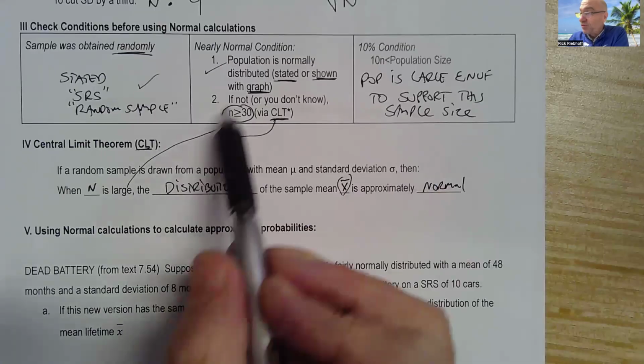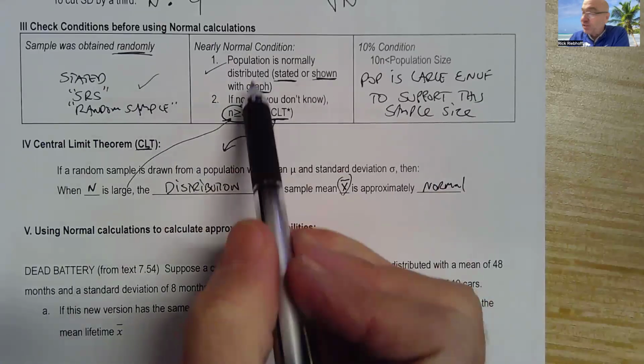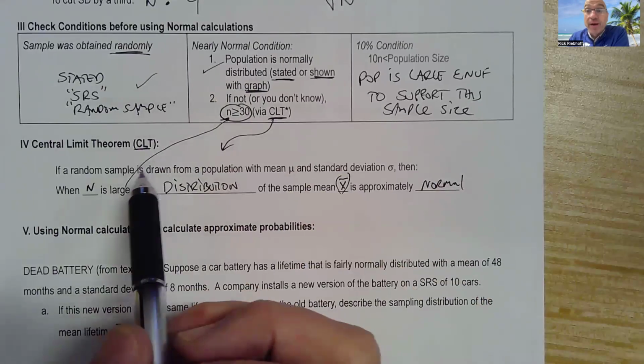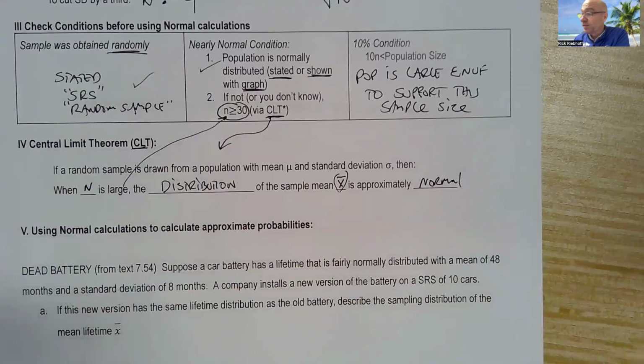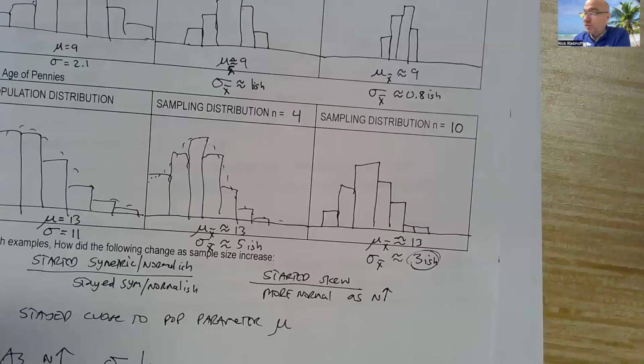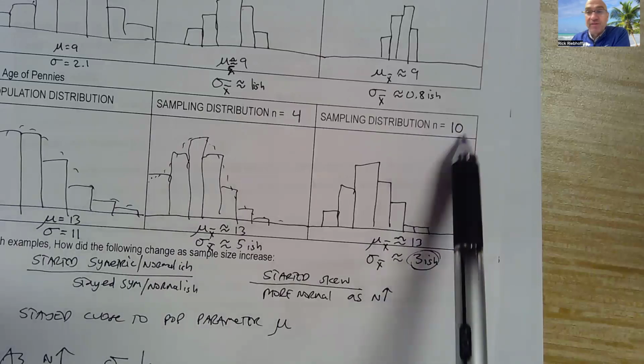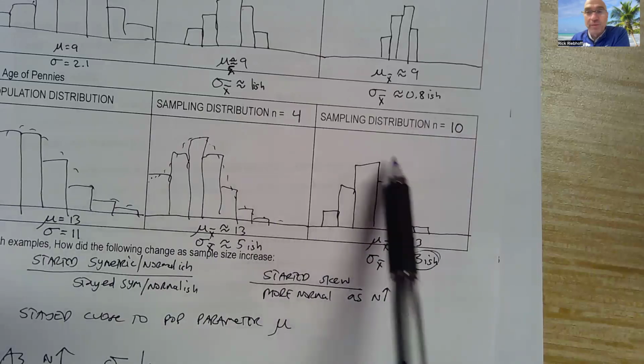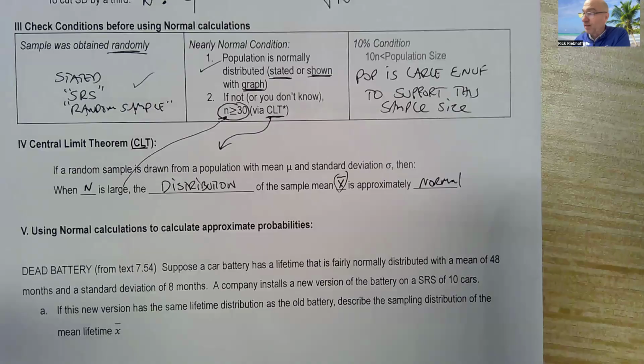That's this nearly normal condition, which is based on the CLT. When we have a large enough sample size, even if we have a weird old population distribution, and we'll show you some in class, some really funky ones, once you get up to a sample size of 20 or 30, they get really, really normal looking. That's what it is.